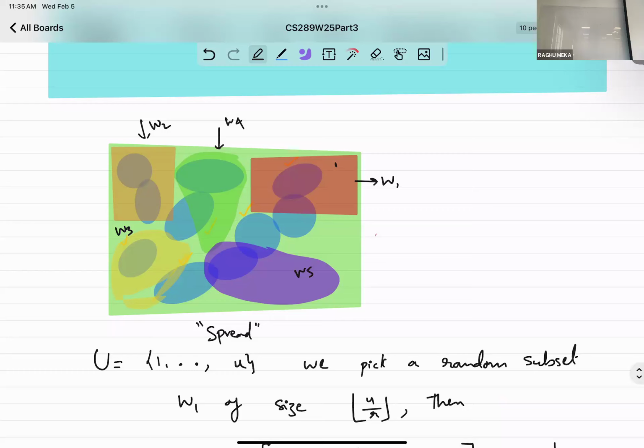So I partition the whole thing into R disjoint groups. Each one is exactly of size 1 over R of the whole universe. And with high probability, each one contains one of the sets in the family. If all of them happen, then I'm good, because if S1 is the one contained in here, S2 is the one contained in here, S3 is the one contained in here, and so on, they must be disjoint because W1, W2, W3 are disjoint.